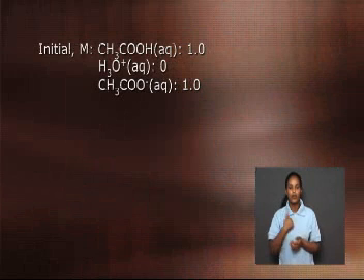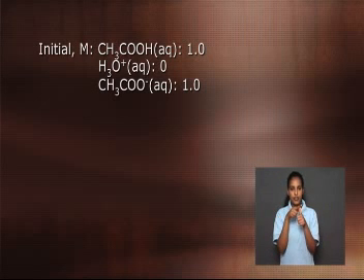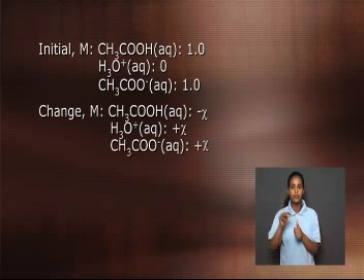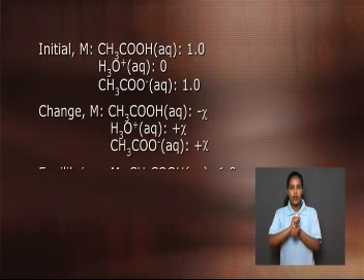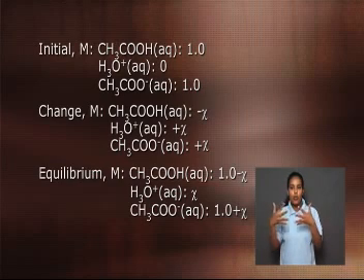We began by making a list, like the one you see here, of the initial molarity, the change in molarity, and the equilibrium molarity of the different components of the reaction.